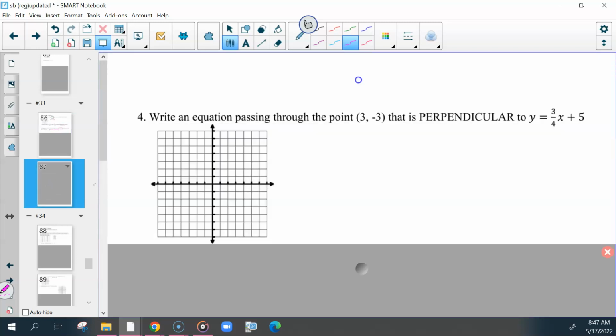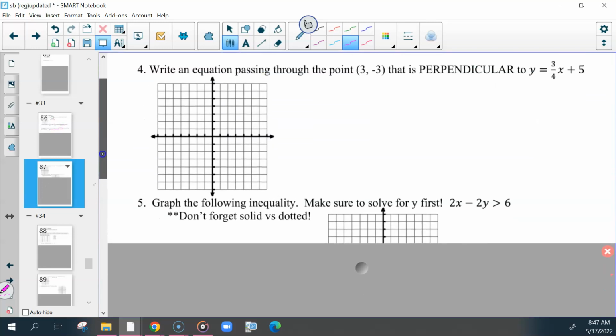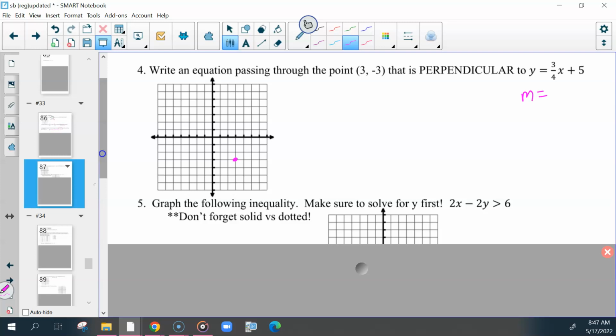On the back. For number 4, the easiest way to do this is to start at this point, 3, negative 3. And if it's perpendicular to this line, what would the slope of our new line be? Negative 4 over 3. So we could use that slope, go up 4 to the left 3, end up on our y-axis and get our y-intercept.